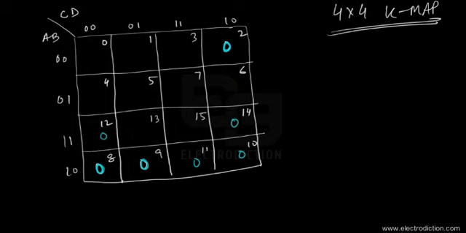Okay, now is the time to make the groups. As you'll know, the Karnaugh map is foldable. It can be folded both ways: from top to bottom, upside down, as well as sideways. So we can basically see that the cell number 2 is adjacent to the cell number 10, so we can group them up together.